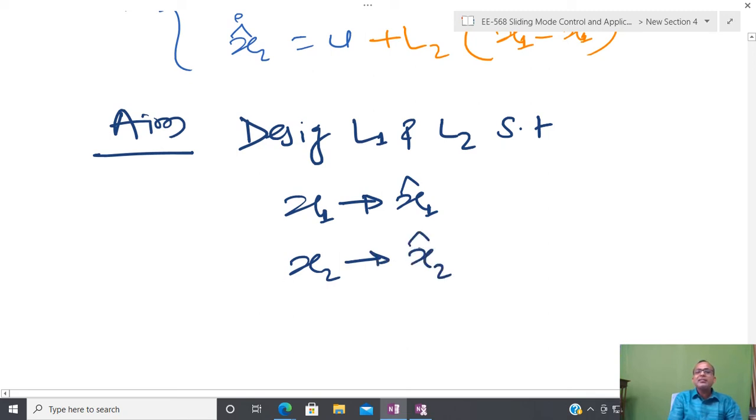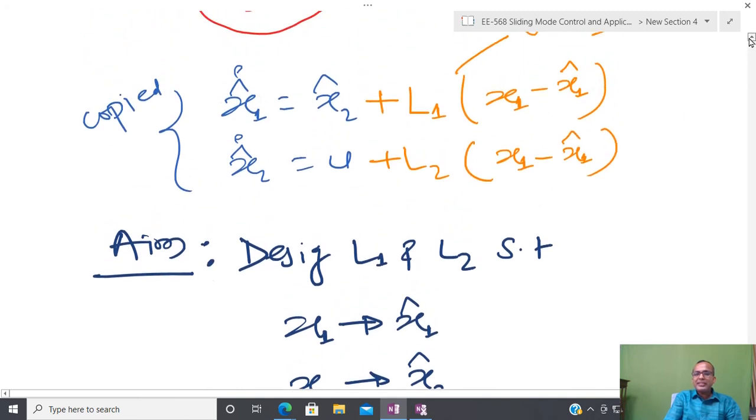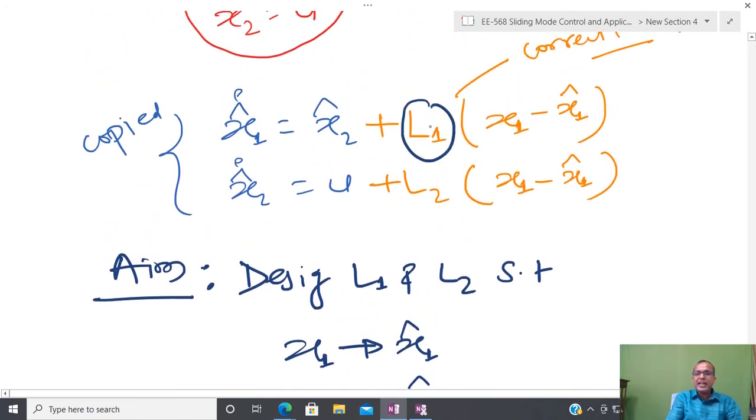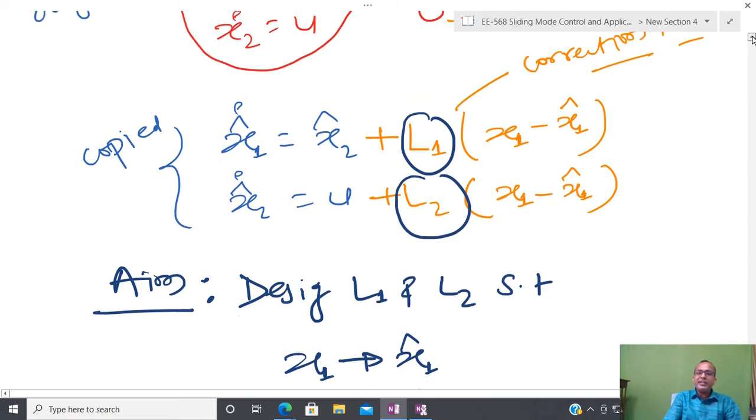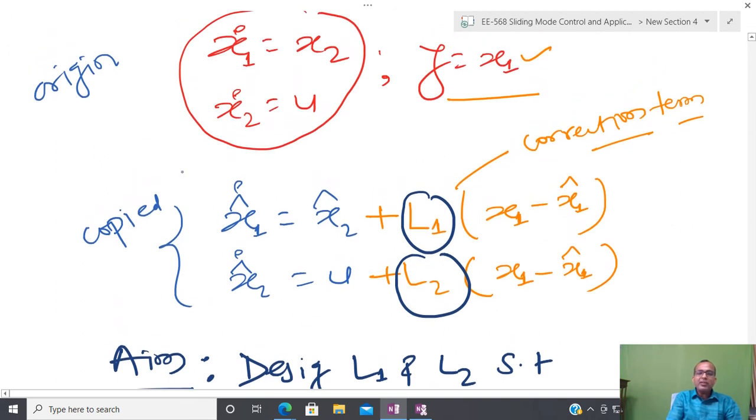So I have two parameters, L1 and L2. I can select L1 and L2 in such a way that the copied dynamics and the original dynamics are exactly equal after a very large time.